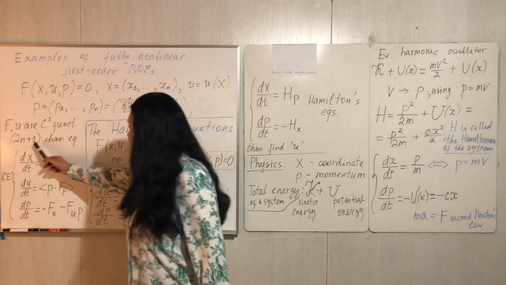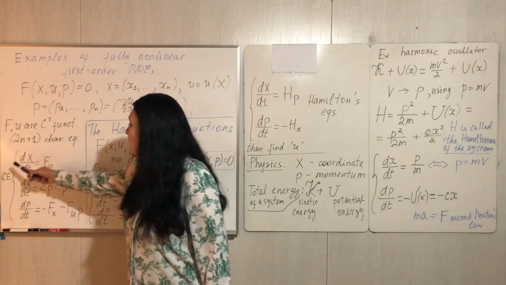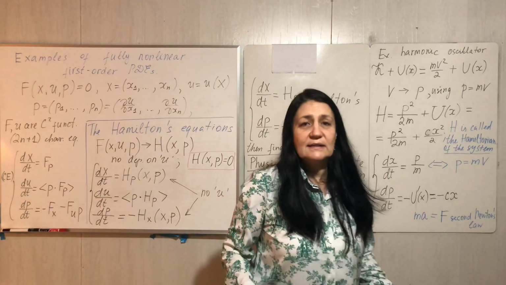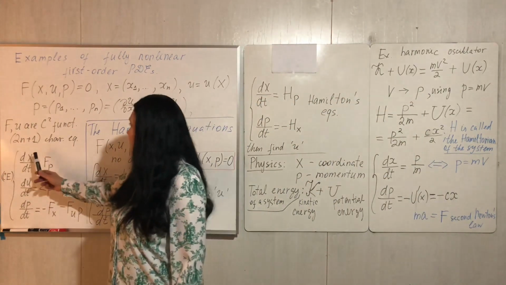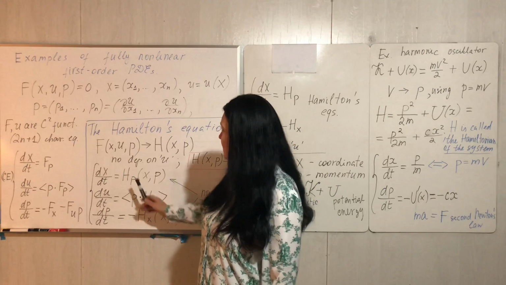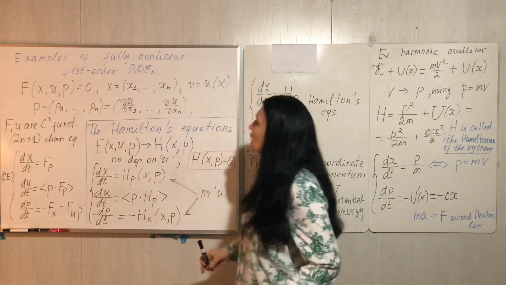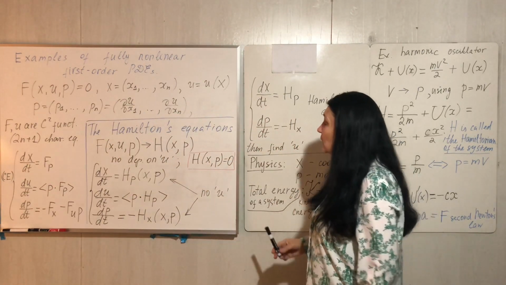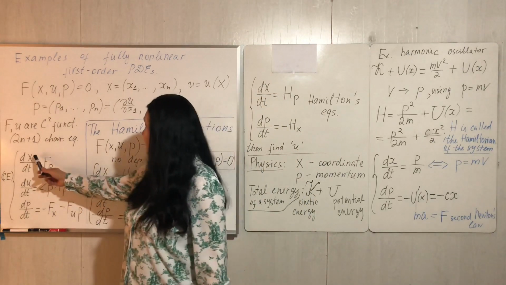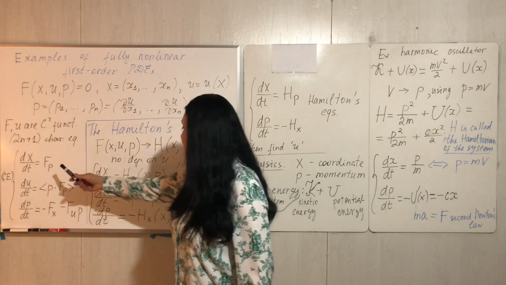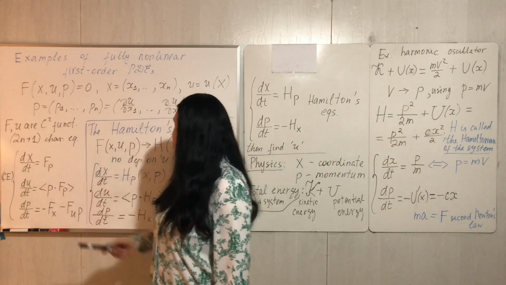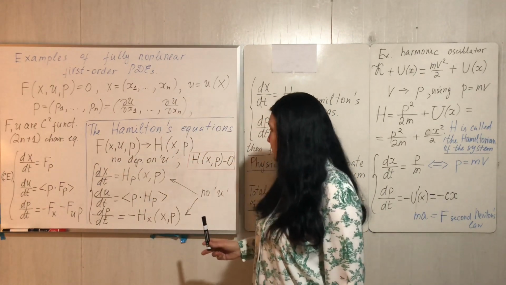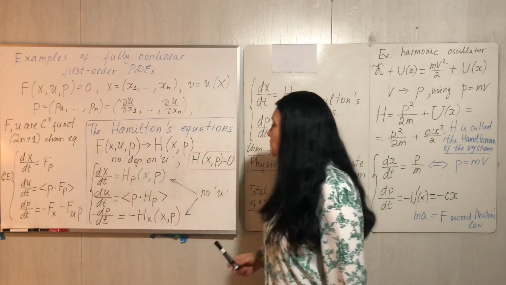And then let's look again at our system of characteristic equations. The notation is the same as we used in the n-dimensional case. So we have dx dt equals f_p, but now instead of f we have h, so instead of f derivative with respect to p, we have h with respect to p.